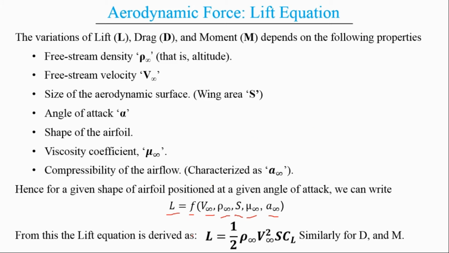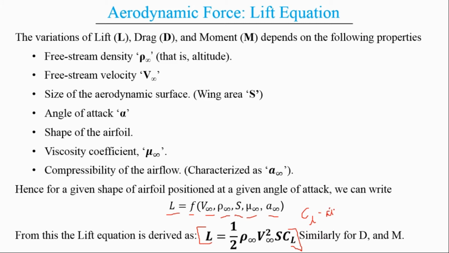So this is a basic lift equation which was obtained in the 19th century, and this is what we use to obtain the overall lift. So here we see that lift is half rho V square S C_L. So if we use a capital L, it means on the whole aircraft or a wing, finite wing, and if we use small c_l, it is for infinite wing or an airfoil.